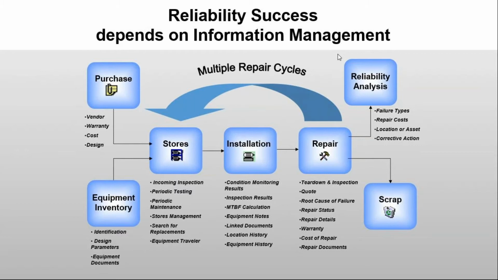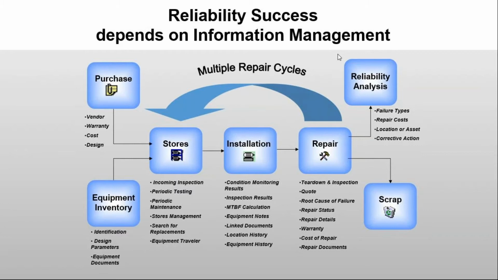Then there's a volume of information that begins at birth when that piece of equipment is purchased, and whether it goes directly to a service location in the plant or is stored in equipment spares or stores inventory. There may be things like the initial purchase information, including warranty and design and installation and operating type parameters.